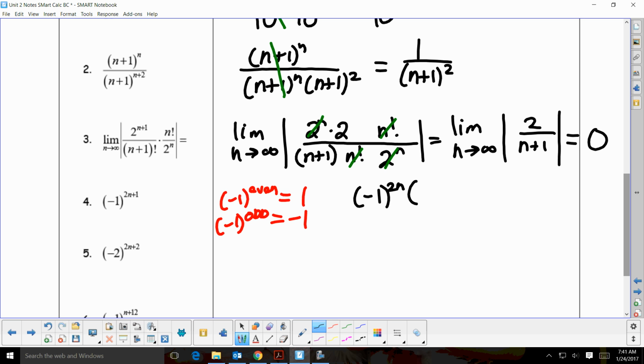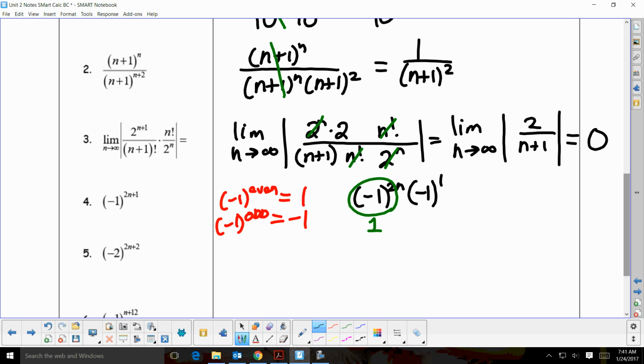-1 to the 2n times -1 to the first. Now remember how I told us what we could do here? We could go -1 squared to the n. So what's -1 squared? This part right here just becomes a +1. What's a +1 to any number? 1.